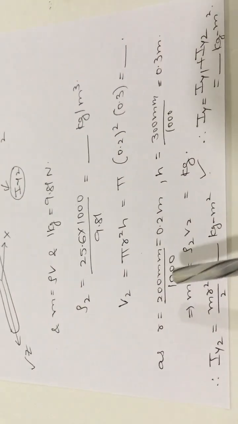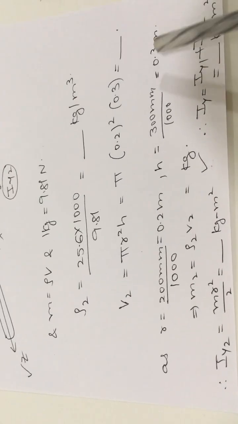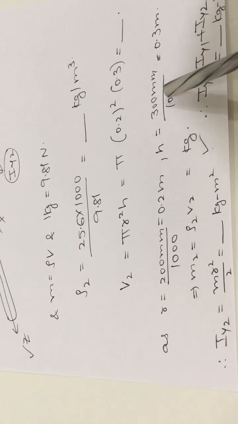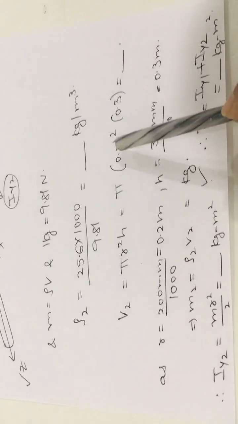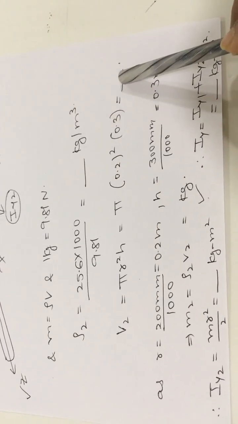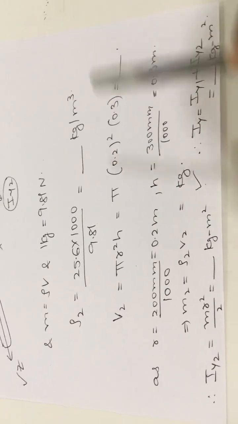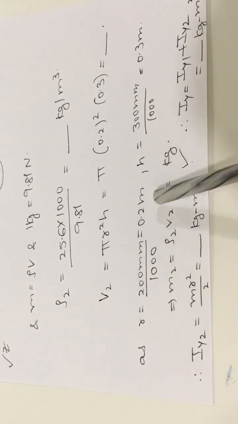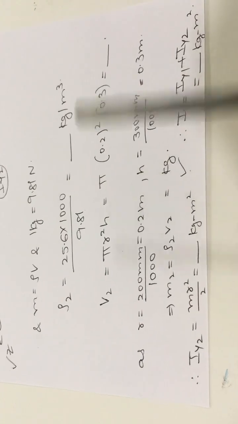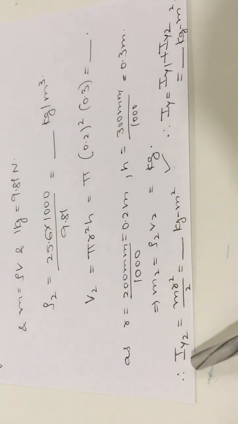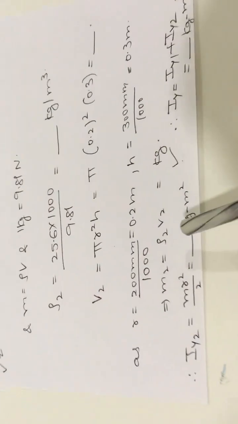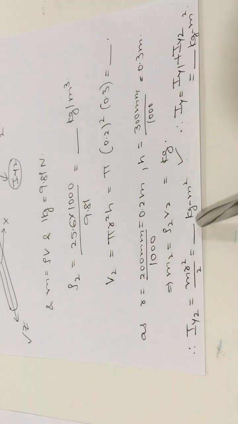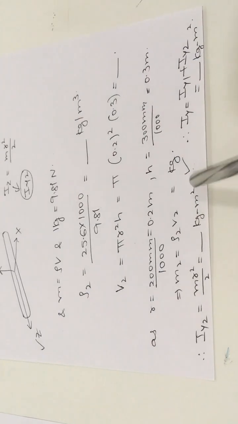So convert the 400 and 300 into meters for the radius value and the height value. Substitute all the values in the volume formula. You will get the volume value. Next, substitute that volume in the mass formula. You will get the mass value in kgs. Next, substitute the mass value and radius value we have calculated in the IY2 formula, that is m r square by 2. You will get the value in terms of kg meter square.